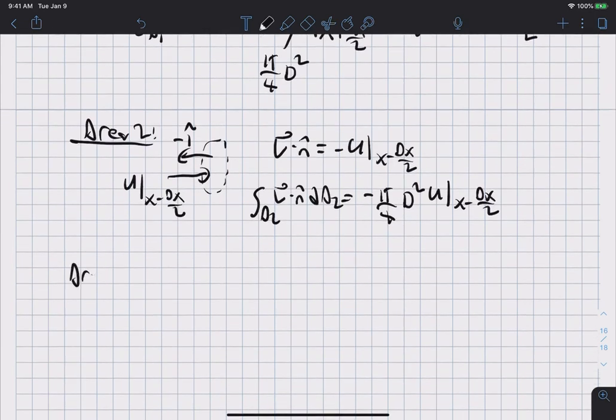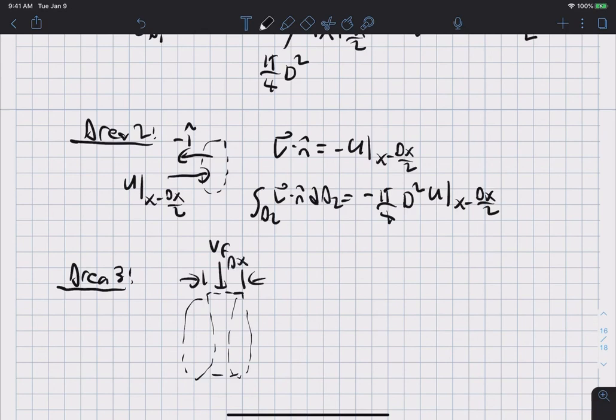Then area 3. Now, normally for most of our other problems, area 3 would have no contribution. But here we have a porous tube, and there's some mass coming in through the outer circumference, or through the wall of the pipe. So we have Vf, and this is of width delta x.